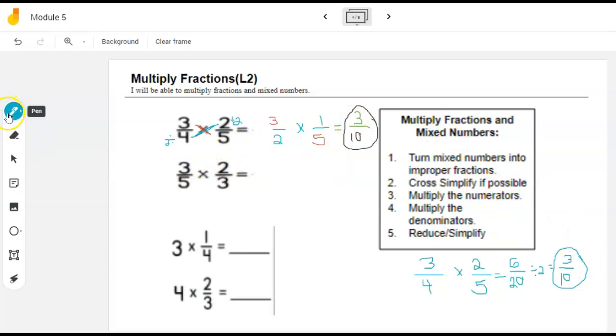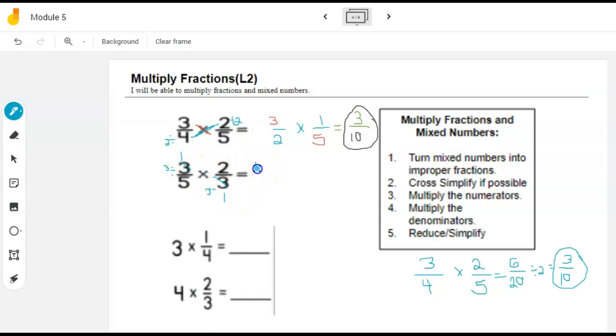All right, so let's look at the next one. Is there anything I can cross simplify? 5 and 2, they look good. 3 and 3, I can divide them both by 3. So that's going to get me a 1 and a 1.